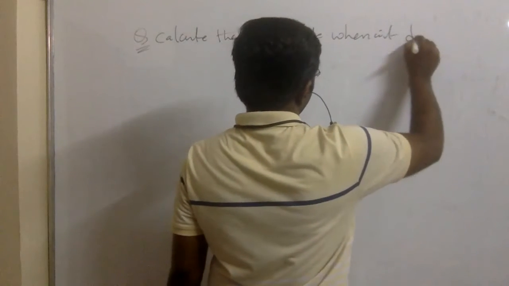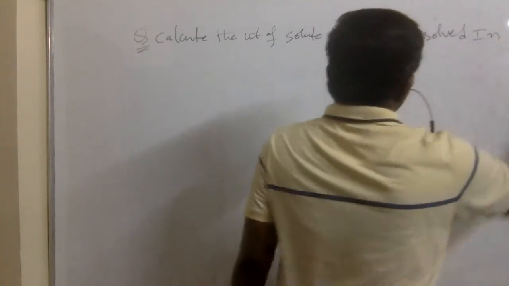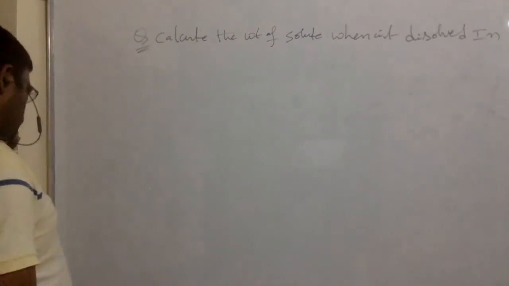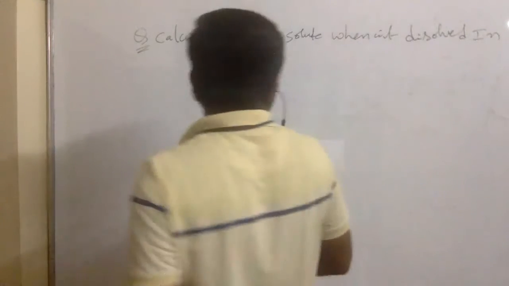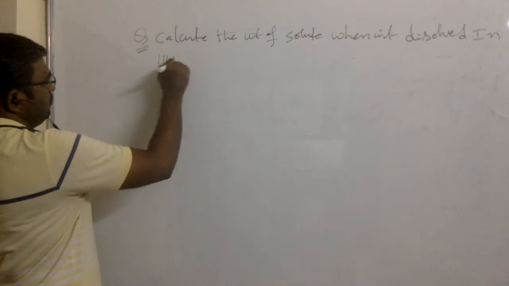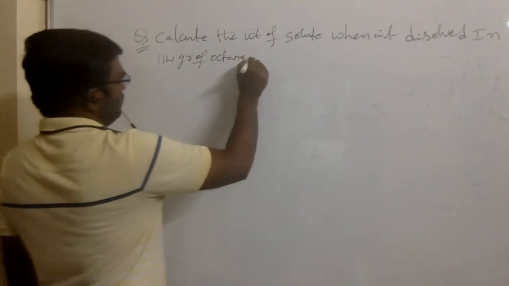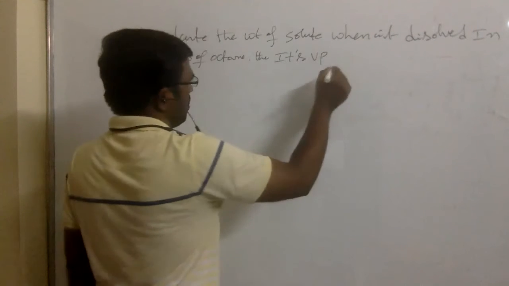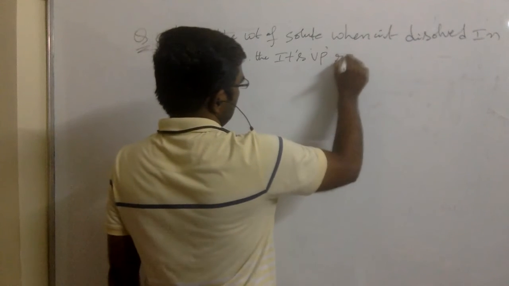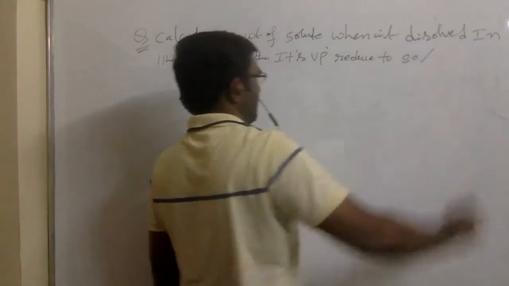When it is dissolved in 114 grams of octane, then its vapor pressure is reduced to 80%.